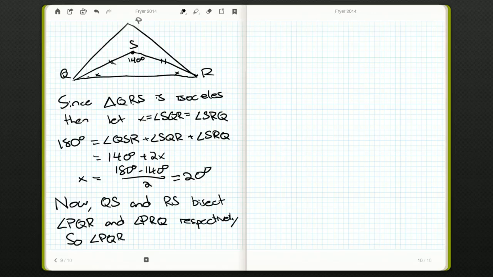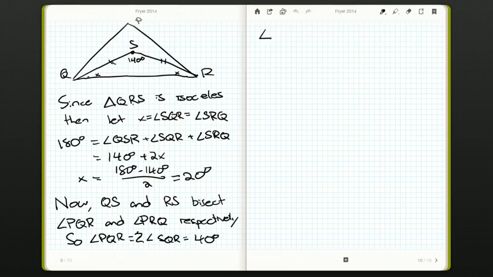So that means that to find angle PQR, we would double angle SQR. That's going to be 40 degrees, and likewise, PRQ is going to be double angle SRQ. But this is also 20 degrees, so twice 20 degrees is again 40 degrees.